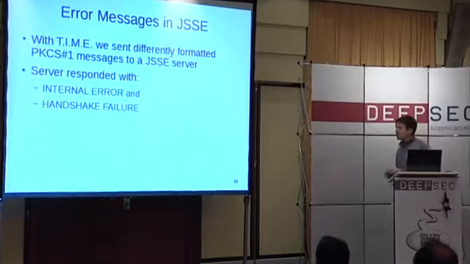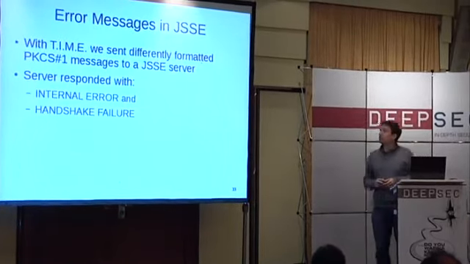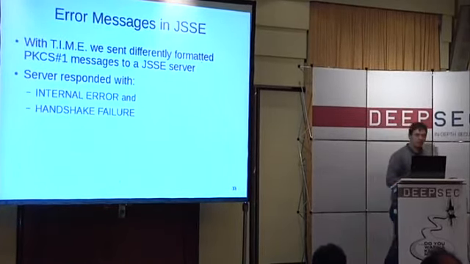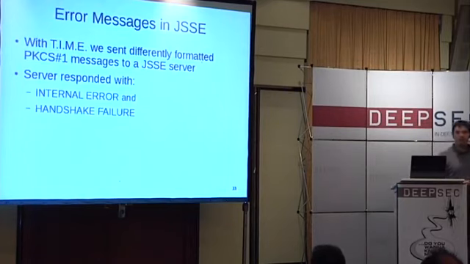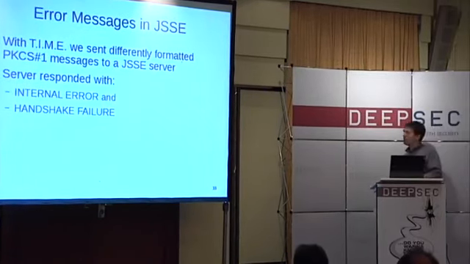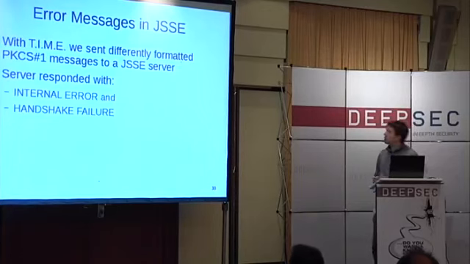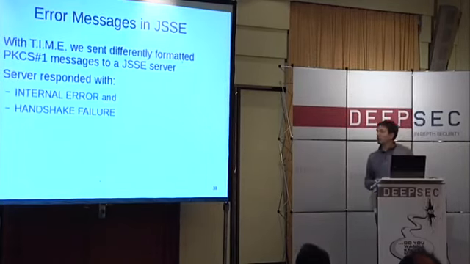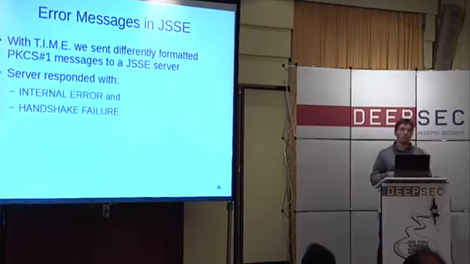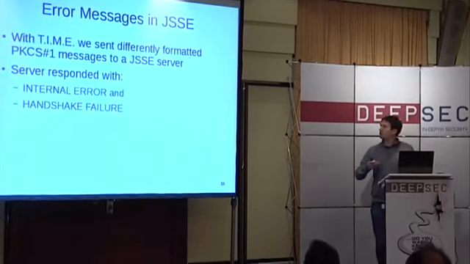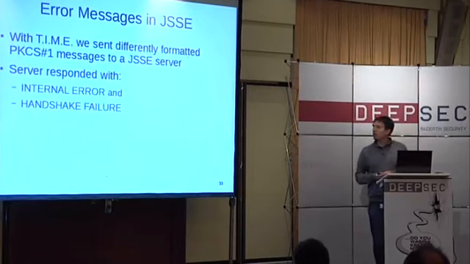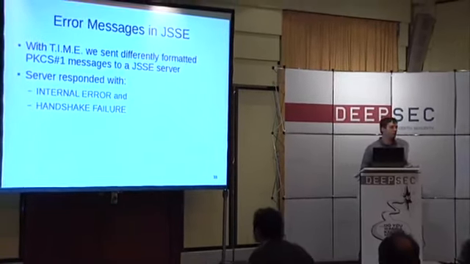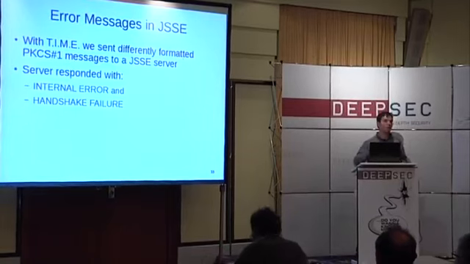First, the side channel was error messages in JSSE. JSSE, as already explained this morning, is the Java Secure Socket Extension, and it's the standard Java library for SSL/TLS. We provided a JSSE server, and with differently formatted messages, we executed TLS handshakes.